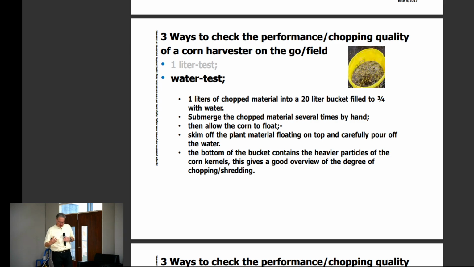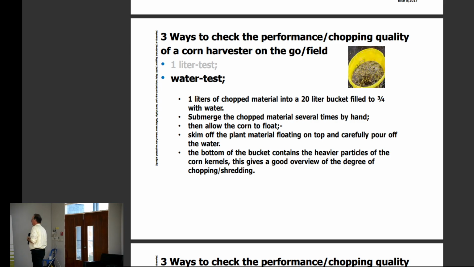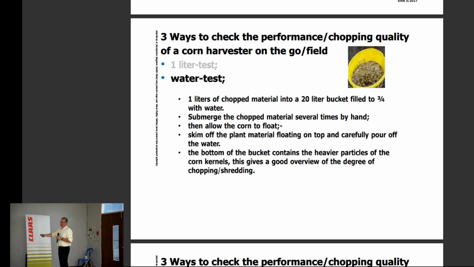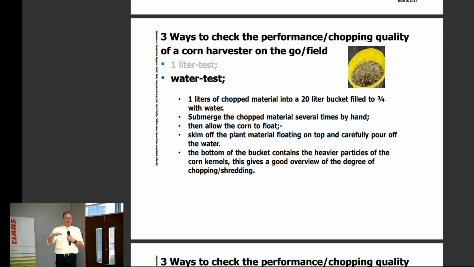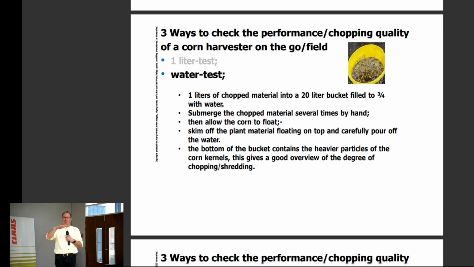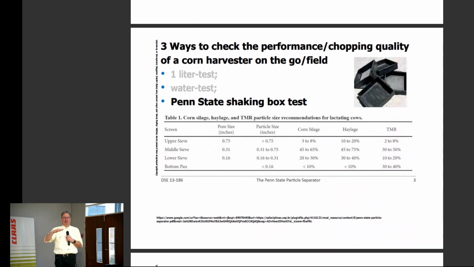The most sophisticated test, let's call it that, is the Penn State shaking box. What's the idea? You have different boxes with different sieve holes. So you put the material in, you start shaking the box, and then after enough shaking, you take these elements and weigh the amount of feed in each box.